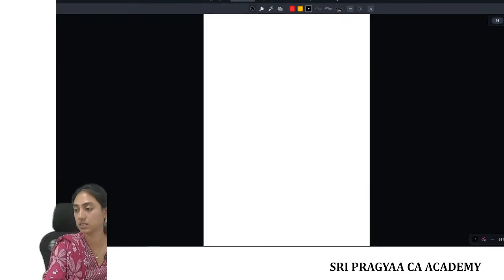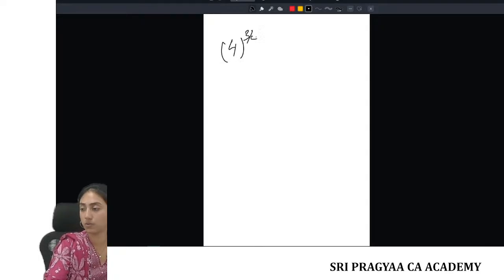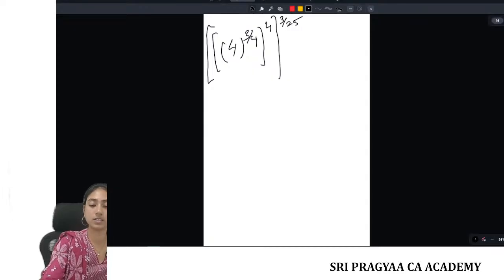Second term is 4 to the power 3 by 4, correct? This whole thing is raised by 4. This whole thing is raised by, how will you write this? 4 to the power 3 into 4 into 3 divided by, correct?